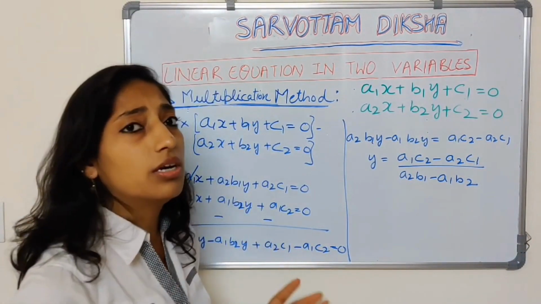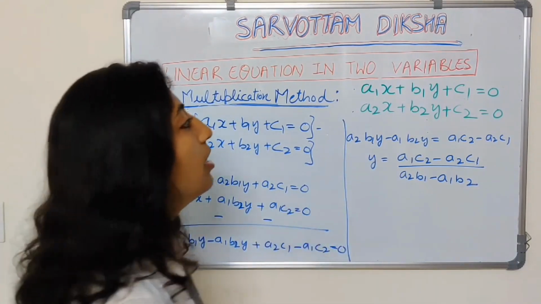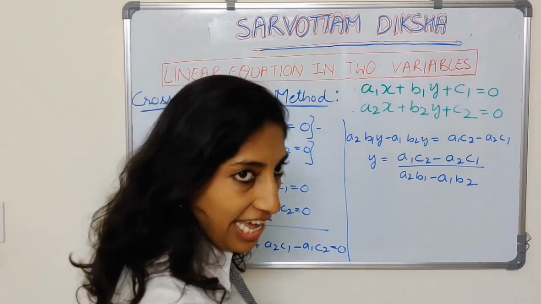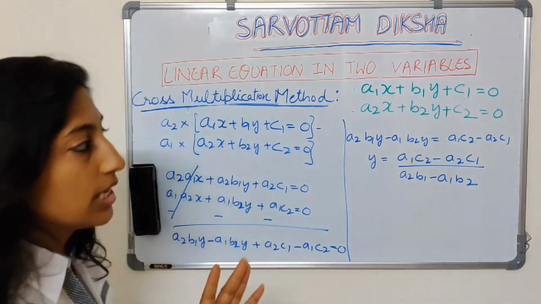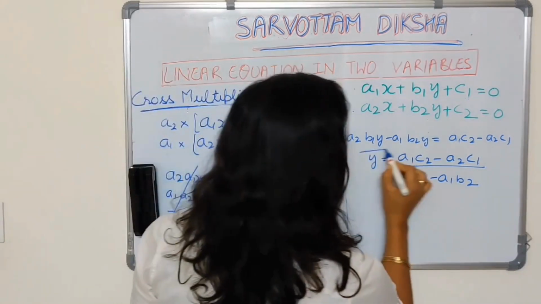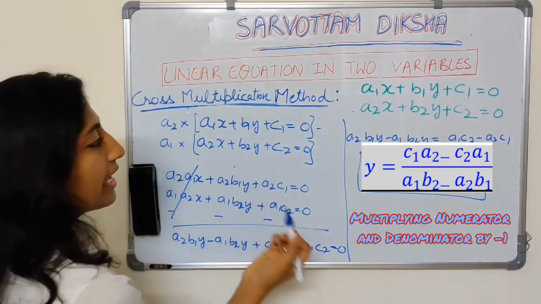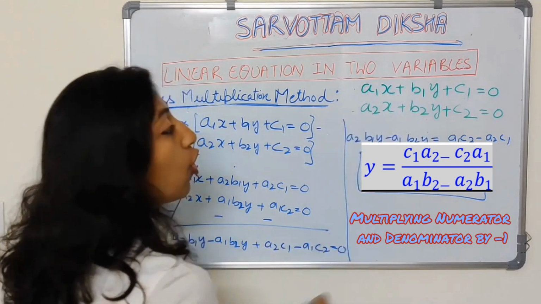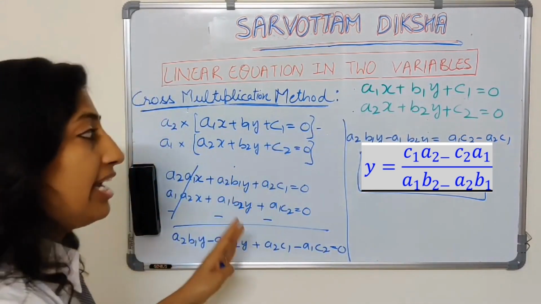We need some method to remember it rather than cramming it. The same way I can find x. For finding x there are two methods. Either I can put this value of y in one of the equations and get the value of x, or I can again repeat the same method and eliminate y.